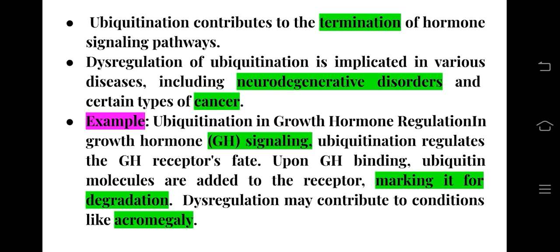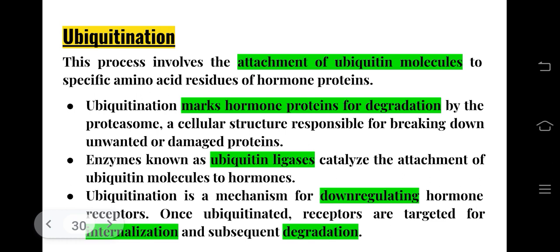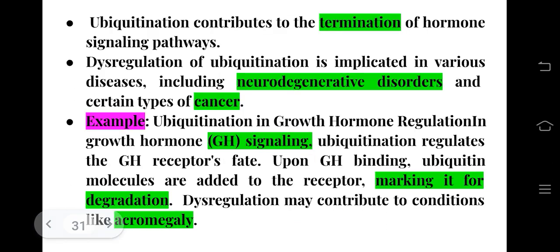Then ubiquitination contributes to the termination of hormone signaling pathways. We mentioned about the internalization of receptors. Then there won't be any binding with receptors, and there will not be any signaling pathways happening. Then dysregulation of ubiquitination is implicated in various diseases including neurodegenerative disorders and certain types of cancer.